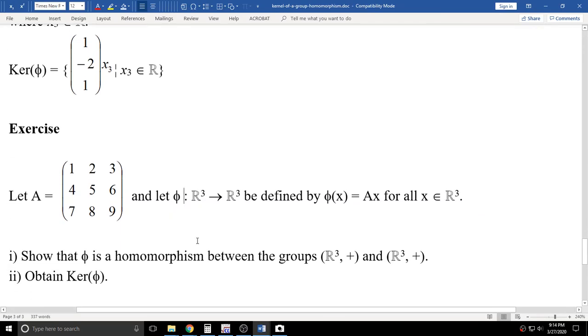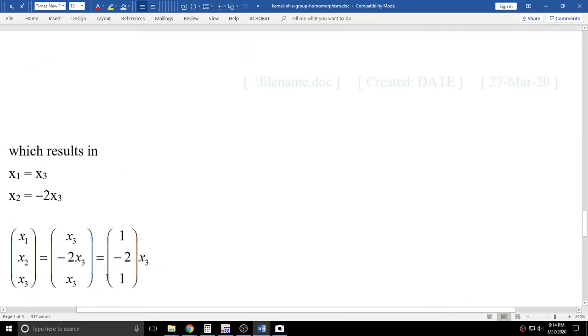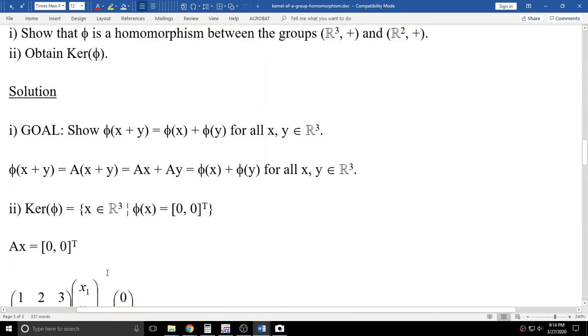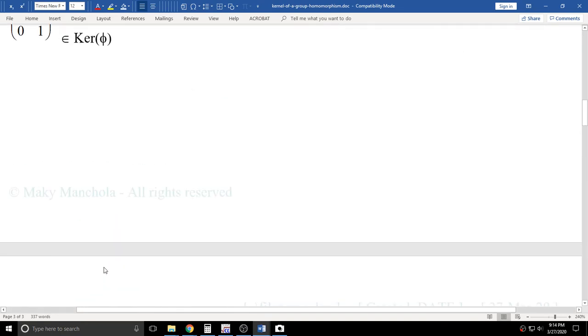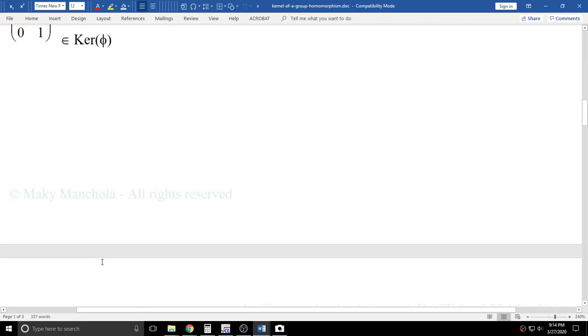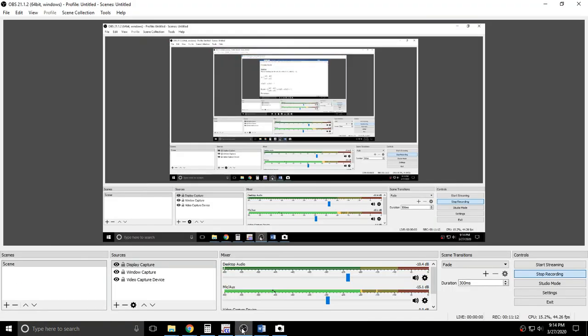Your goal is to show that phi is a homomorphism between the groups R3 plus and itself, and then to obtain the kernel of phi. Once done with this exercise, carrying out similar details to the ones shown in our example, you have understood this example. That's all for now.